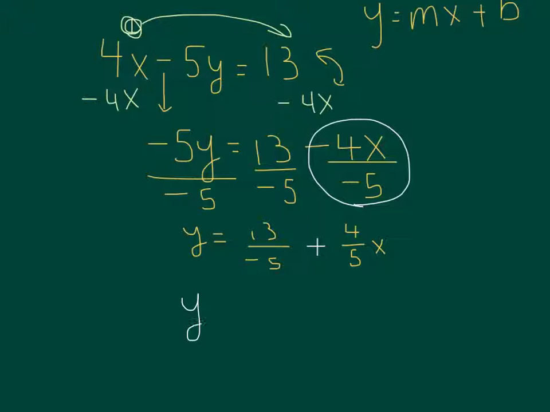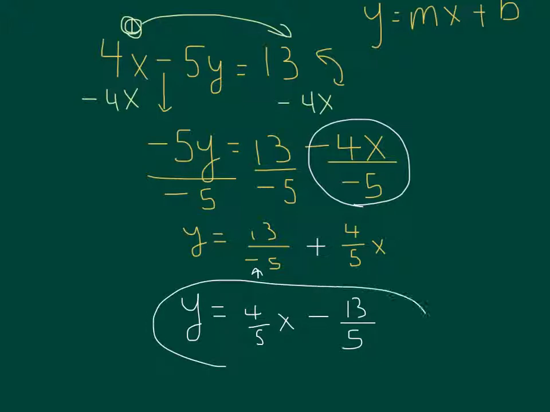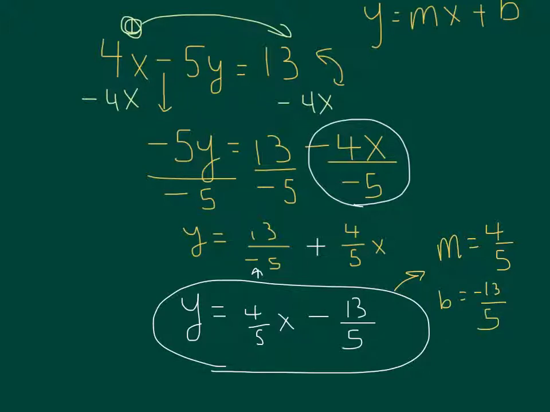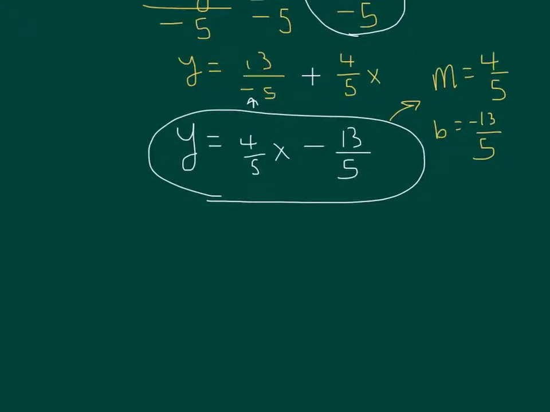I'm going to say y equals 4 over 5x, just put the x first, and then minus 13 over 5, since it was a -5. And now I have my slope-intercept form, from which I can say m is 4 over 5, and b is -13 over 5.